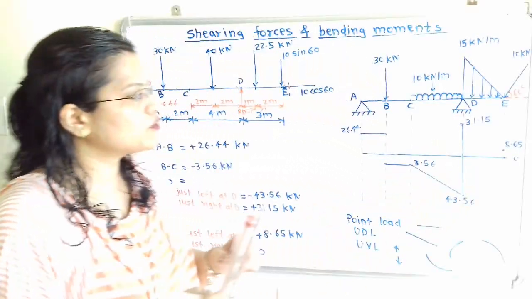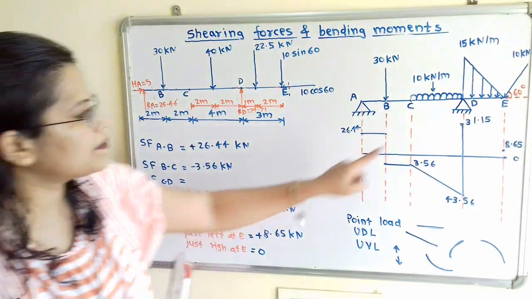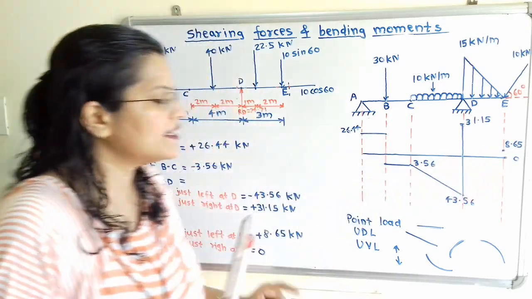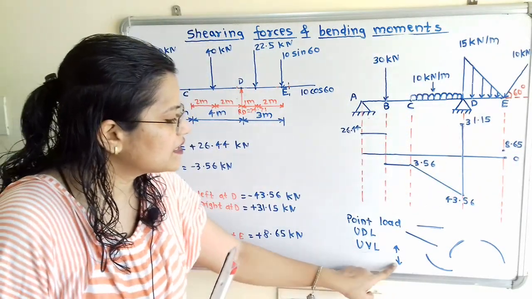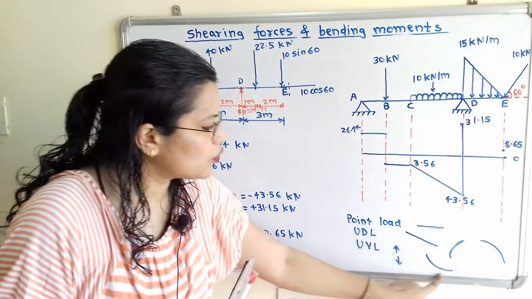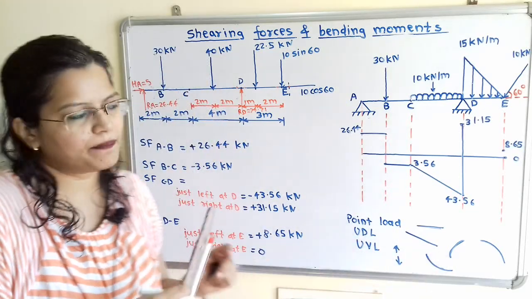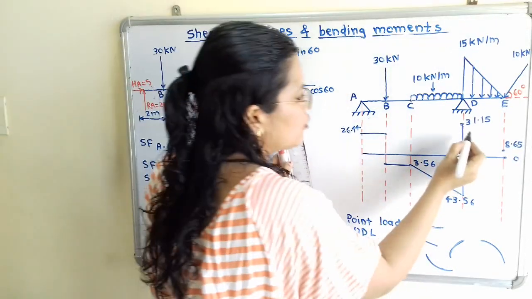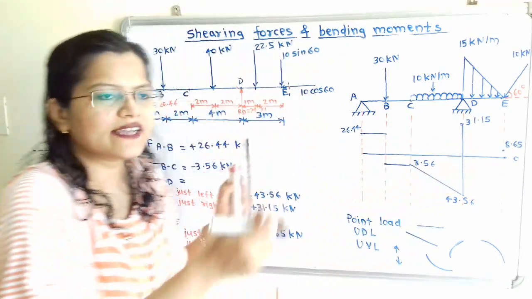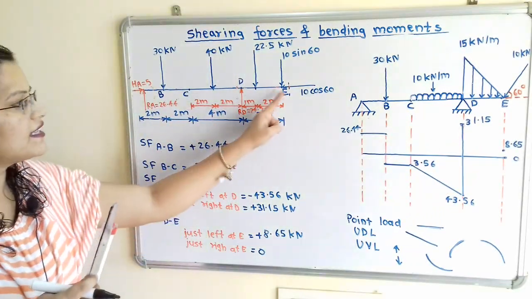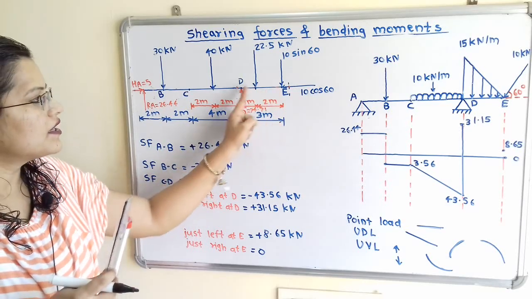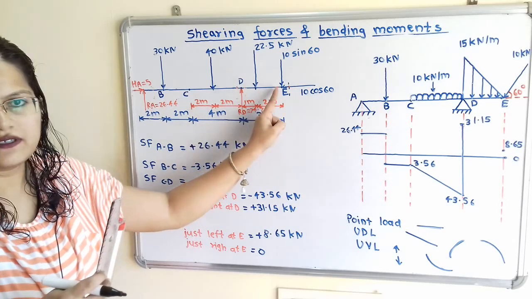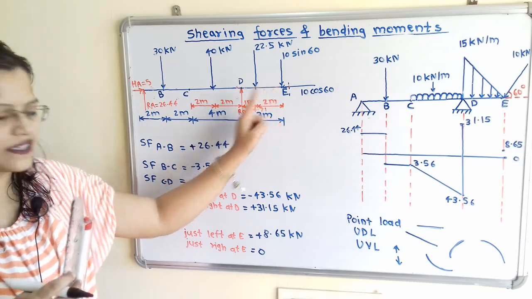Now if we move to the section DE, so in between this D and E there is uniformly varying load and which is decreasing. So we have to show concave shape parabola. So I will show here. So we have to connect the next point which is at the left hand side of the point E because this is the nearer to this point D. So after D we have to take this point.